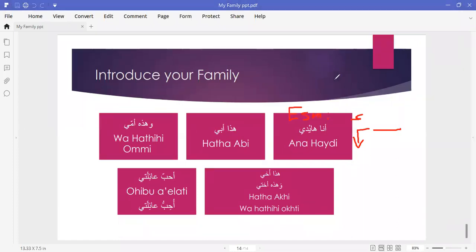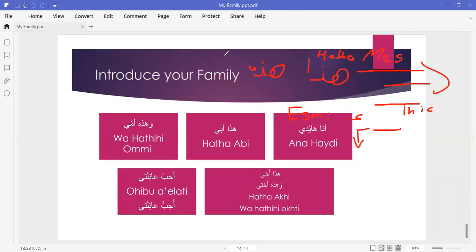By the way, هذا and هذه go for this. هذا, as we said, it's used with masculine, and هذه is used with feminine, and we use it as an indication. And it means in English, this.